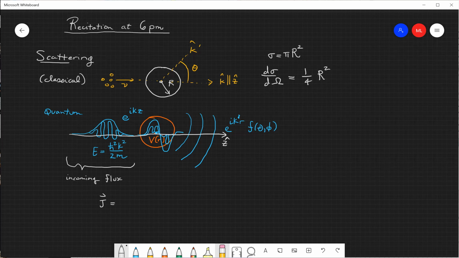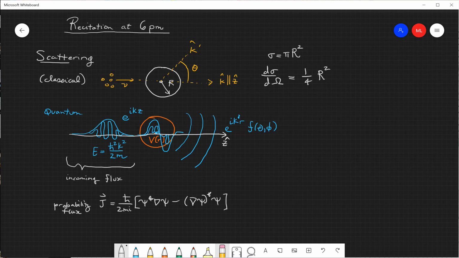It's given by h bar over 2mi times this combination of the gradient and the conjugate of the wave function.